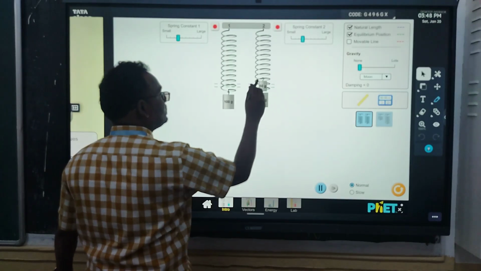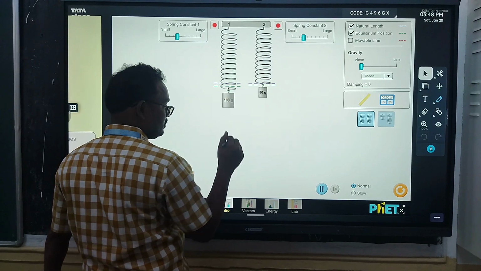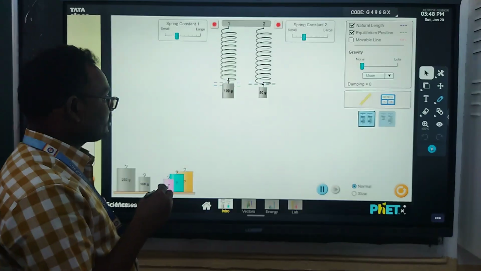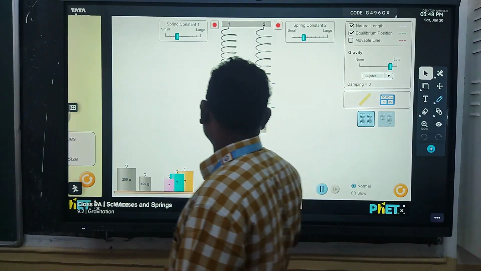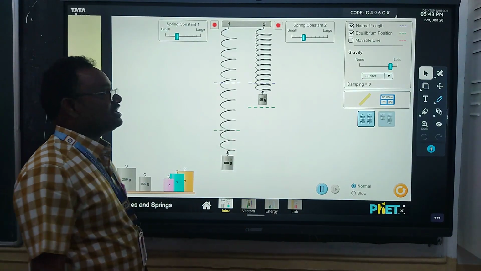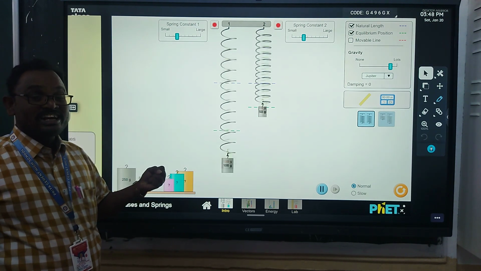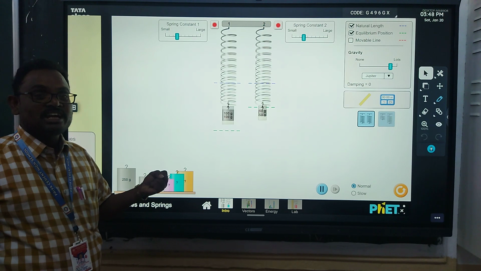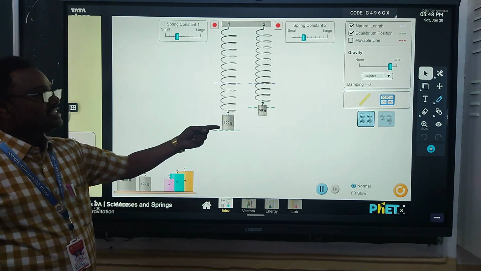Next, if I increase here, now if I go to Jupiter, the gravitational pull is increasing, because gravitational acceleration depends on the mass of the planet. Due to this, it is having more.